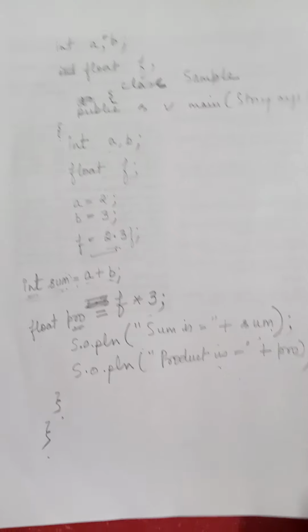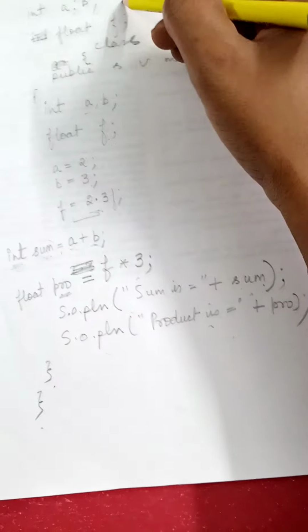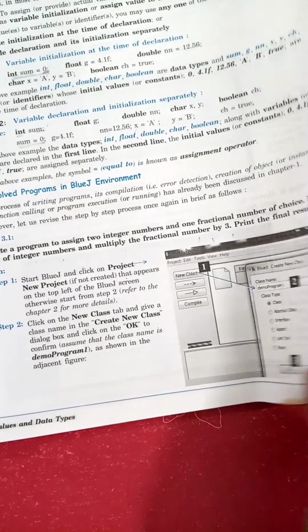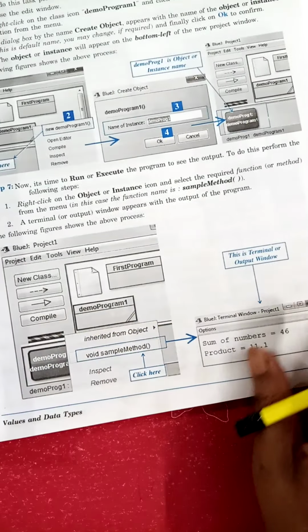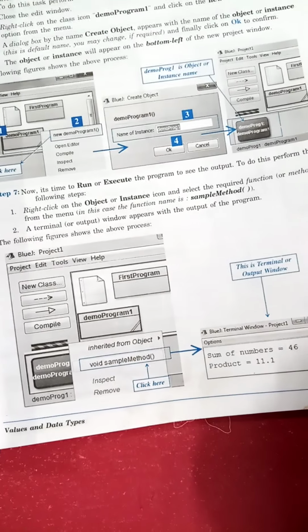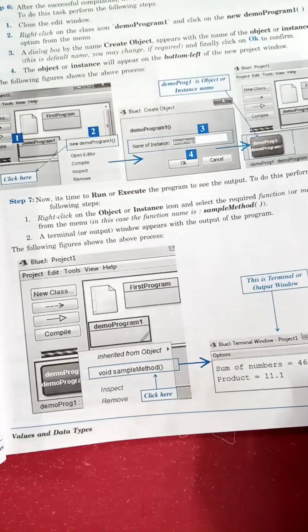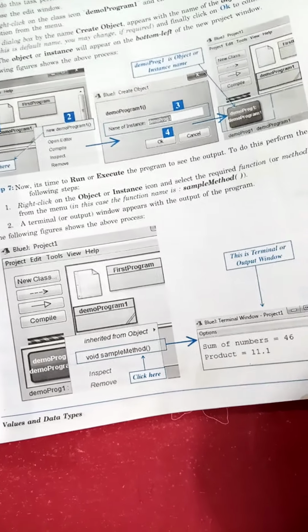So this is the answer of this program. In the book they have given the program over so many pages. Actually, they have shown where to create your program, where to write your program, how to execute. And if there is any error, then the error will be displayed like this.